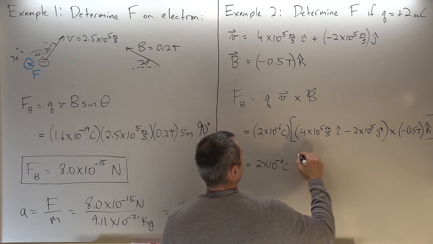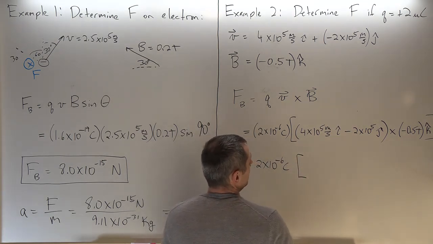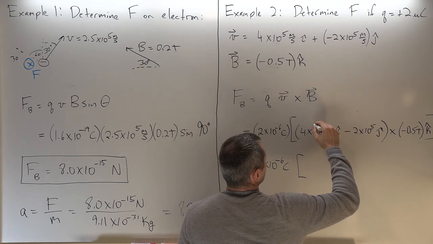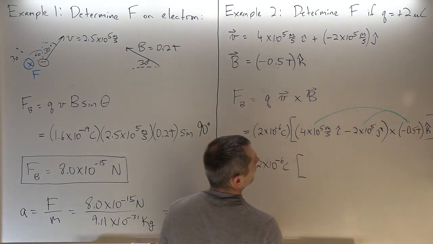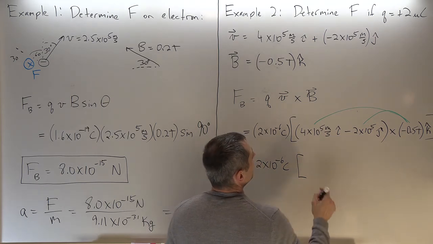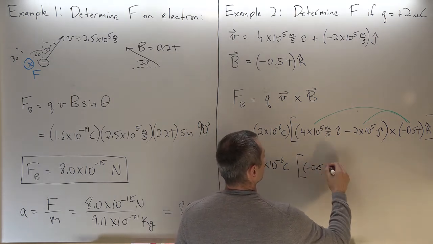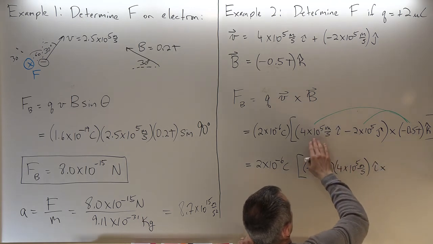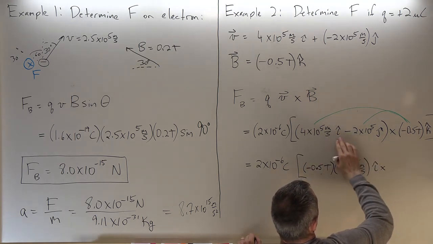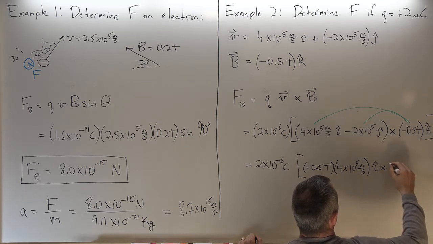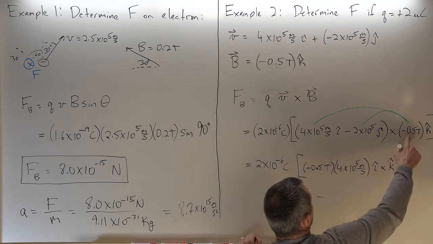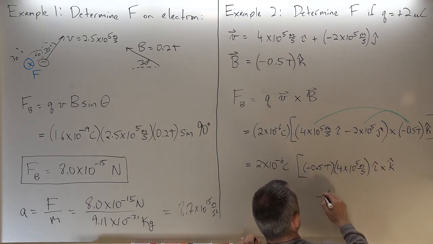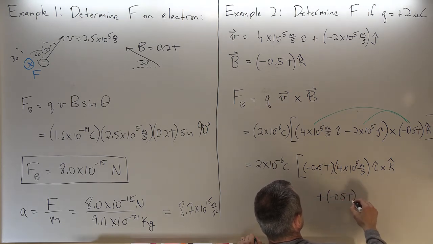So what I need to do is distribute this to that, and then distribute this to that. Okay, so let's go ahead and do that. So then we have this times that, but we also have i hat cross k hat as part of this term as well. And then we're going to subtract this, well, maybe I'll do plus, negative 0.5 Tesla.